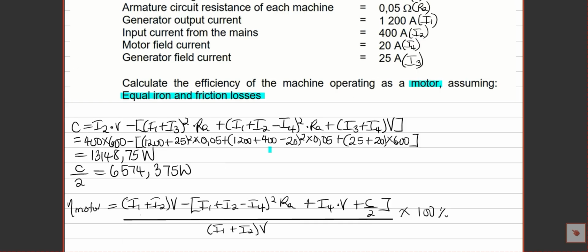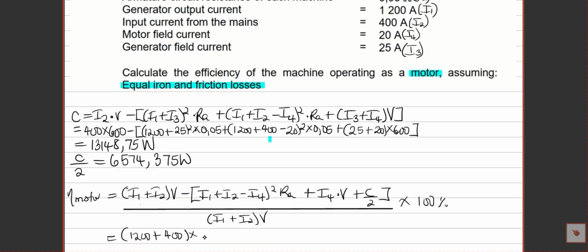I1, we have 1,200, plus I2, we have 400. What else do we have? Our voltage at the top, it was 600.